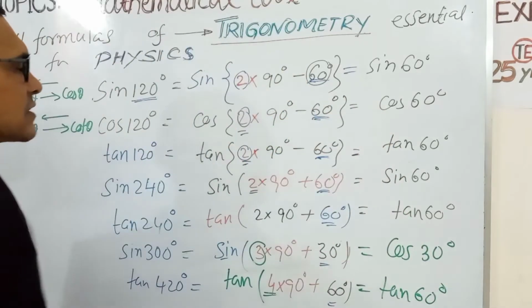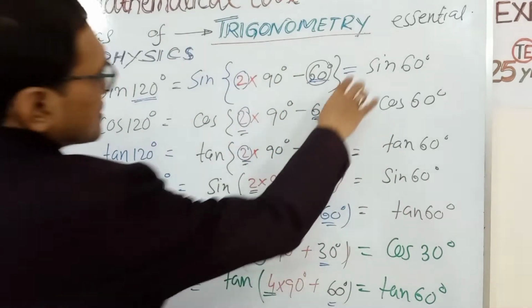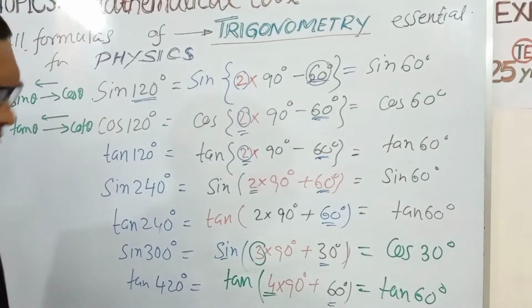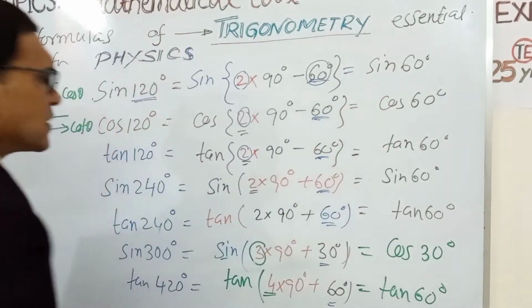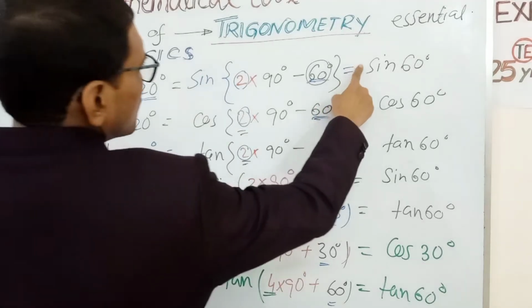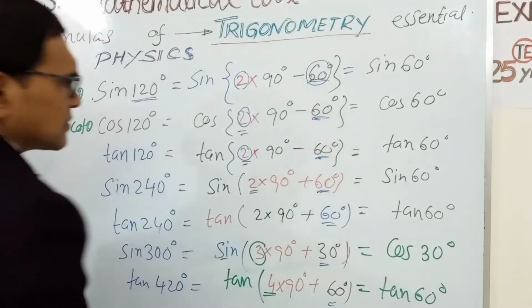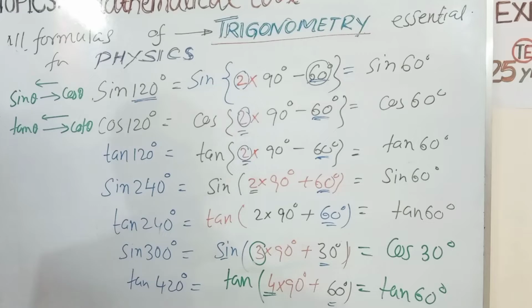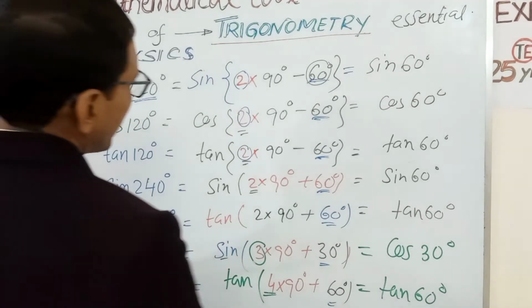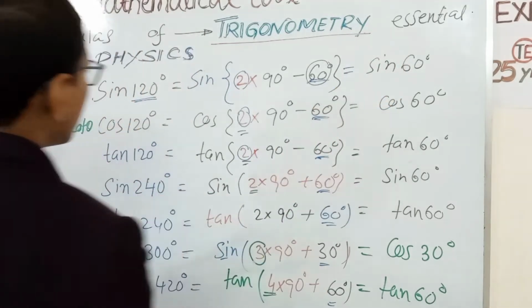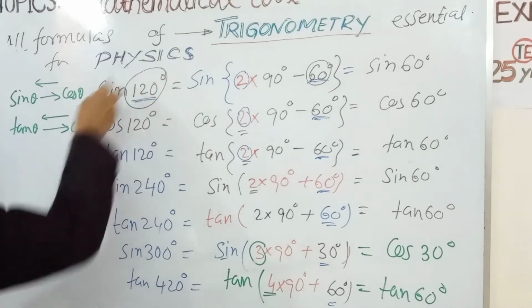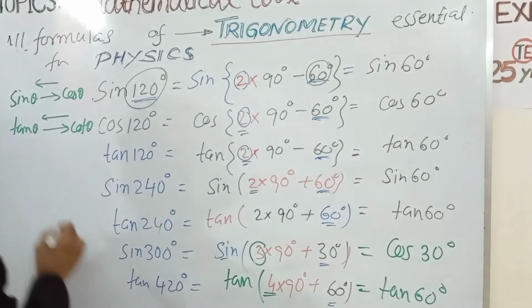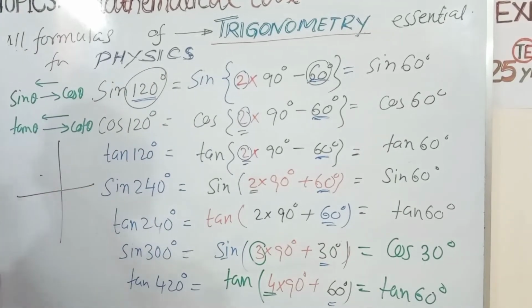Now the next work is to assign a sign, positive or negative. To find the sign of this value, we have to consider this angle 120 degree is in the second quadrant.